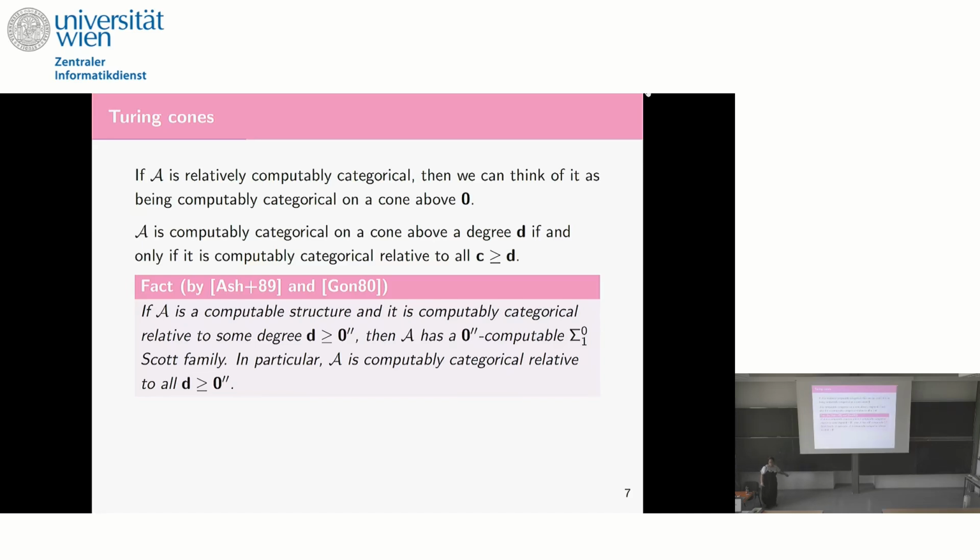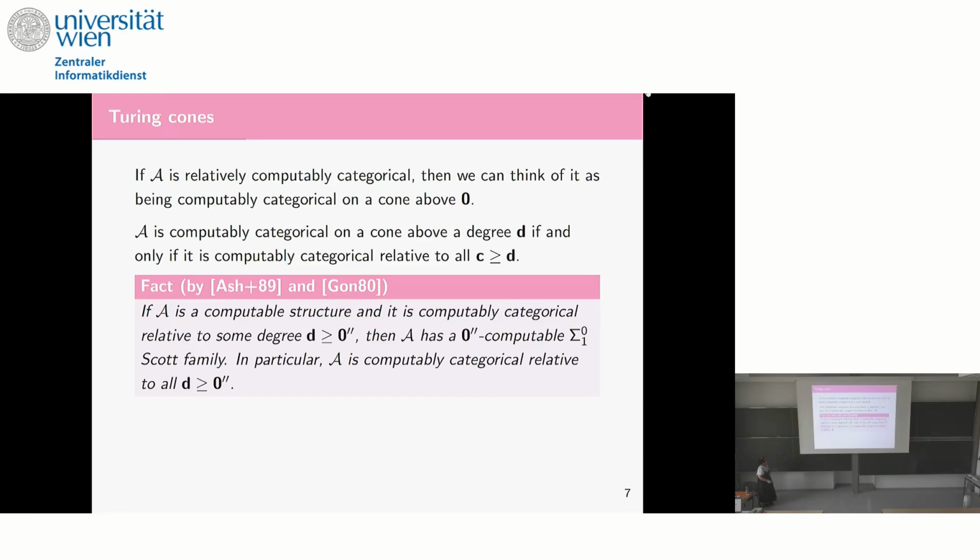Now, there might be some that are not CC relative on that entire cone above zero, but with that fact above, maybe the cone moves up to being based at zero double prime instead. I'll go back to this where some of the cones are based at zero, but for now, for any computable structure, the cones up here are at least based at zero double prime.